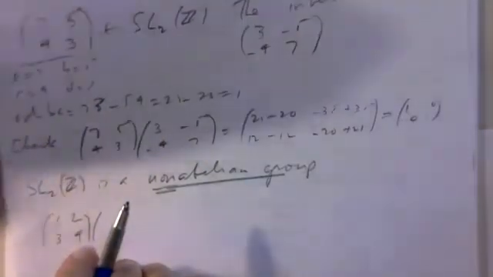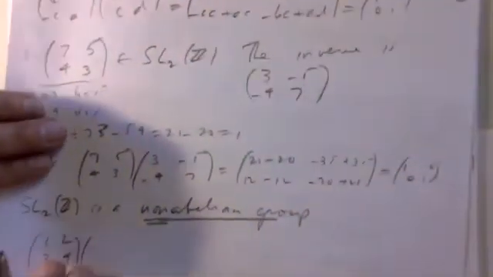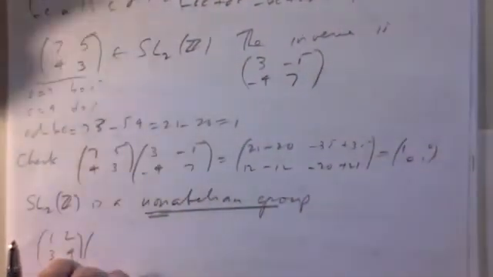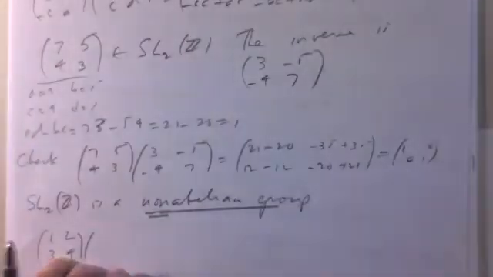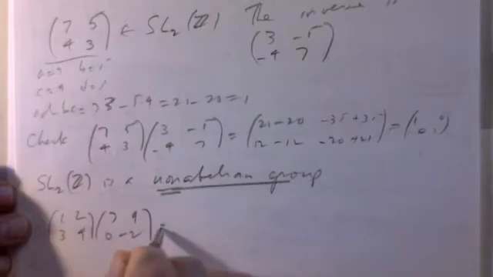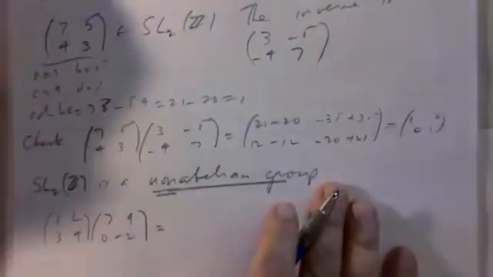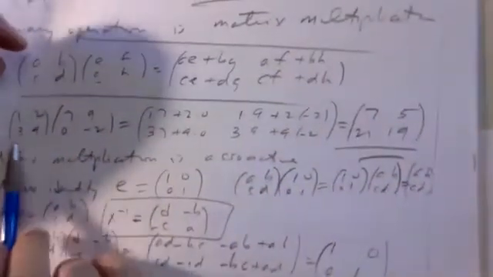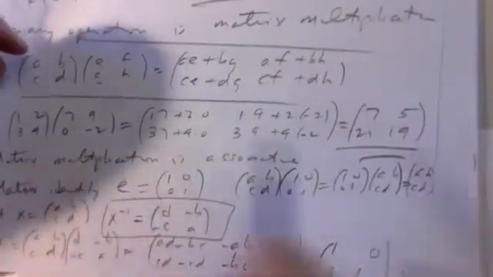Actually, what's the example I had started with? 1, 2, 3, 4 and 7, 9, 0, minus 2. So I already calculated this. 1, 2, 3, 4 times 7, 9, 0, minus 2 is 7, 5, 21, 19.